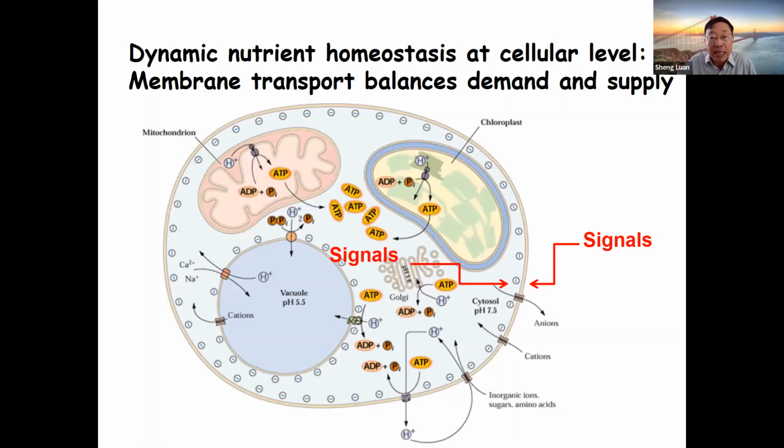That is what the cells are doing. They channel or integrate those signals to control the activity of those doors and windows in the membrane, so that they can decide when to transport, what to transport, and where they want to transport all those different nutrients.